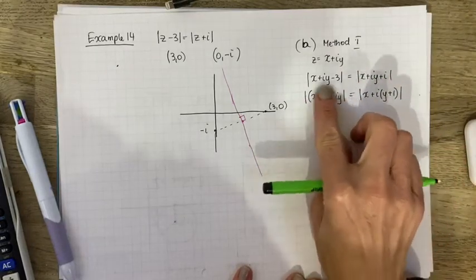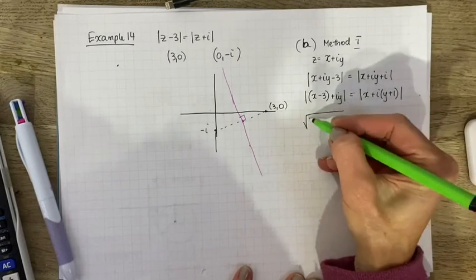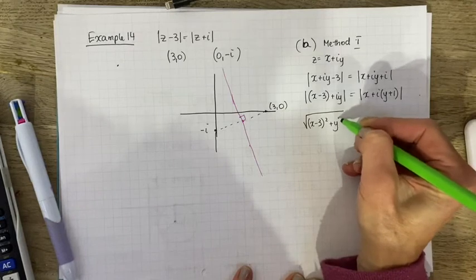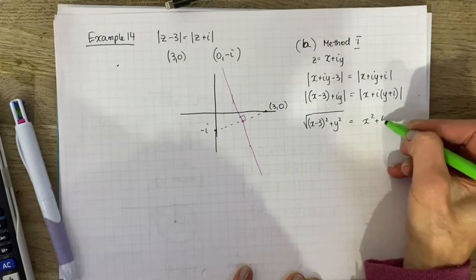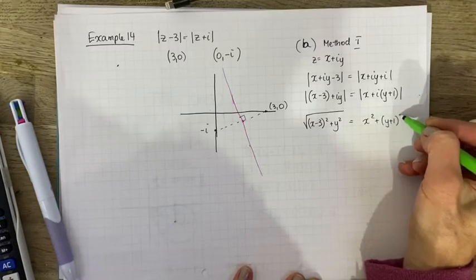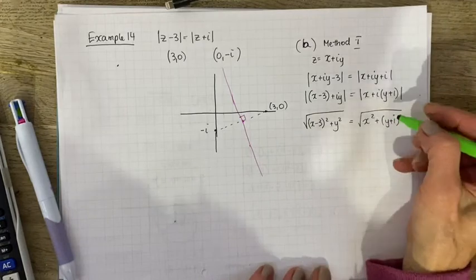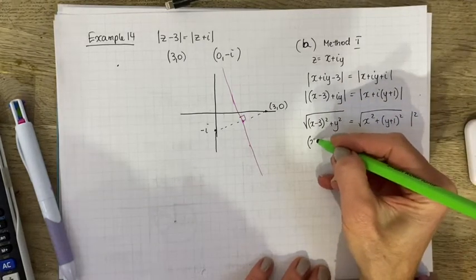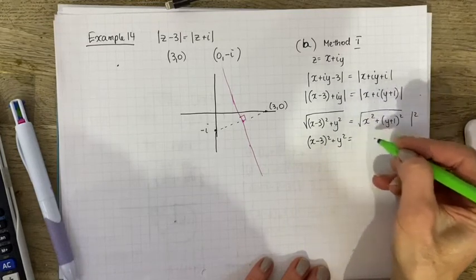Okay, so the modulus of that complex number is simply square root of the real part and the imaginary part added together, Pythagoras theorem, and x squared plus y plus 1 squared on the other side. You can actually omit going with square roots, because you know if you square it you get this straight away. So you could have just squared it straight away.